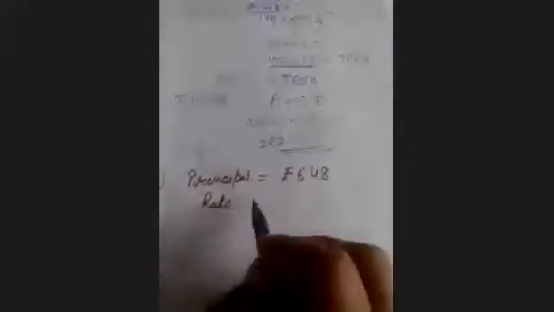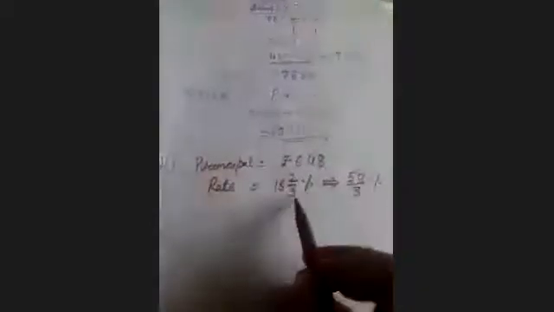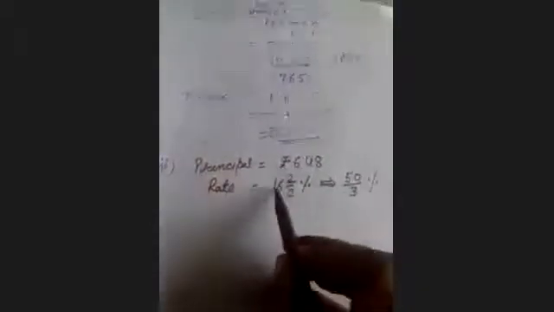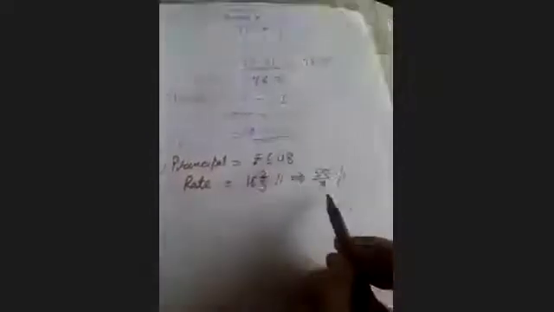Rate of interest is 16 2 upon 3%. Now students, solve this part. 3 16s are 48 plus 2, 50. So rate of interest is 50 upon 3%.